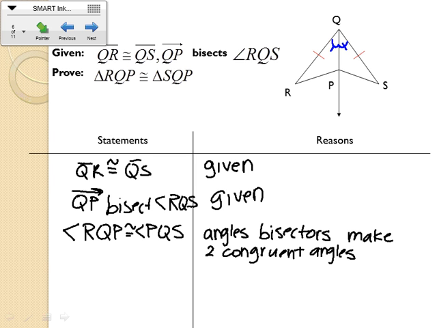All right. So we've got a side, an angle, and the thing we're going to need next is the other side. Those two triangles share side PQ. So I know that PQ is congruent to PQ by our reflexive property.